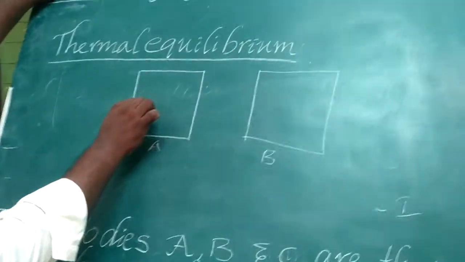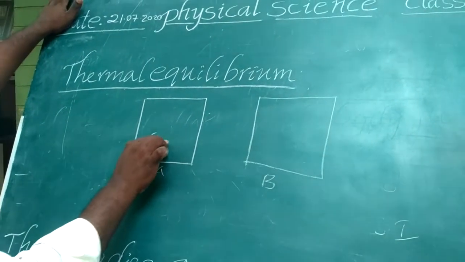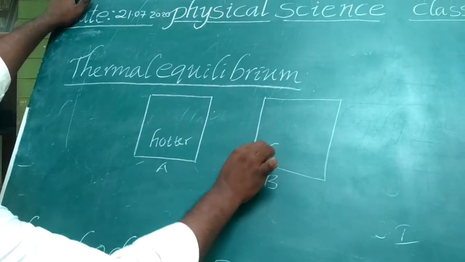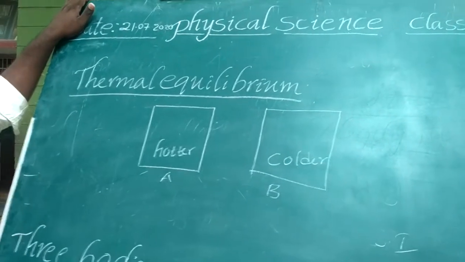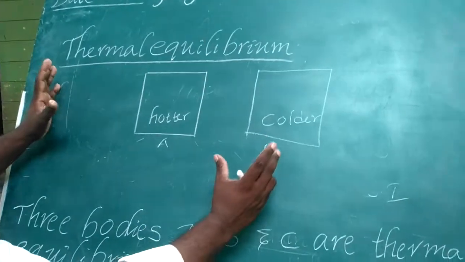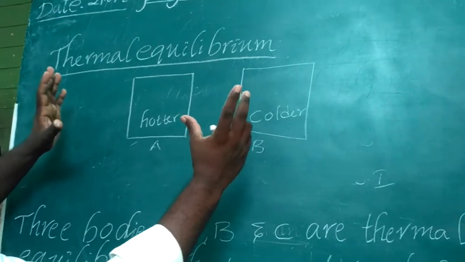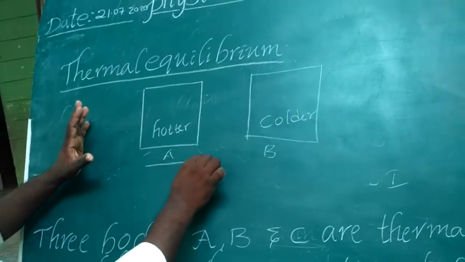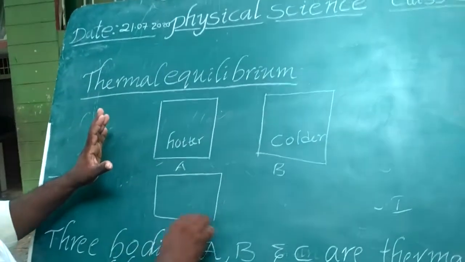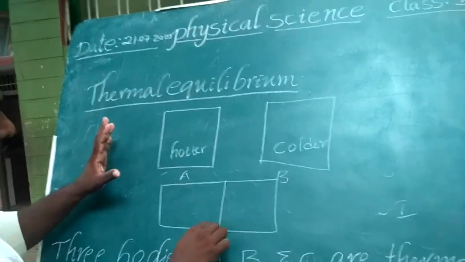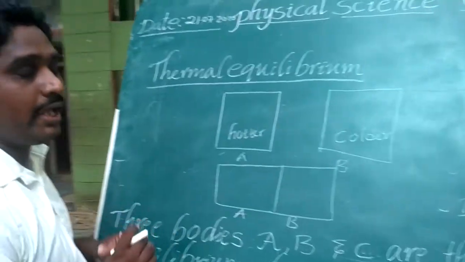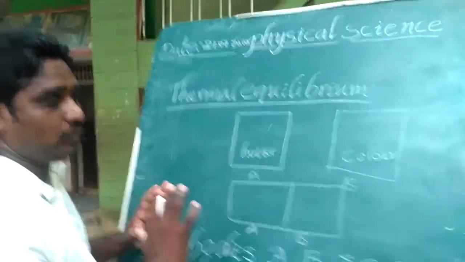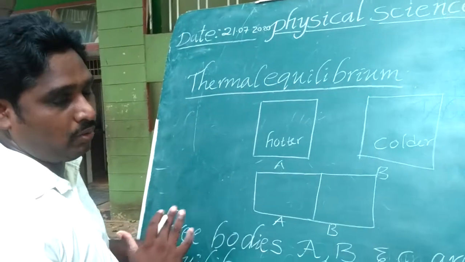One object is a hotter body, the second is a colder body. Now these two objects are put in thermal contact. What happens?